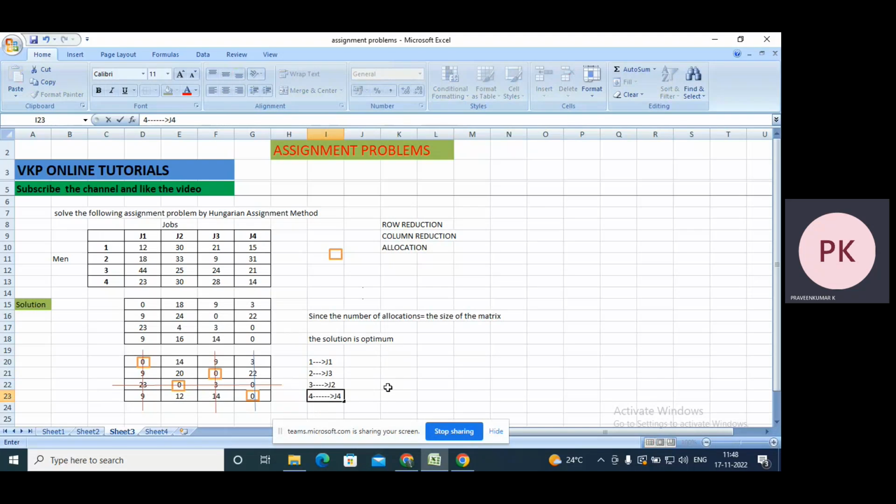This is the optimum assignment for this combination for men, and while assigning man to that particular job, this will be the optimum assignment.